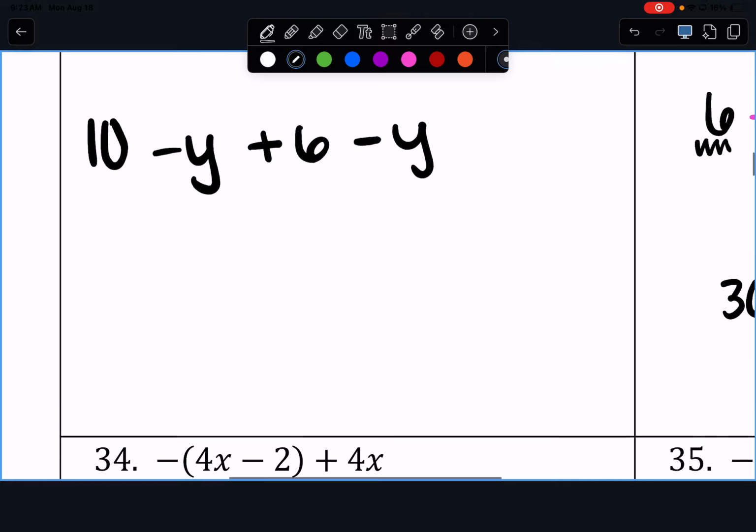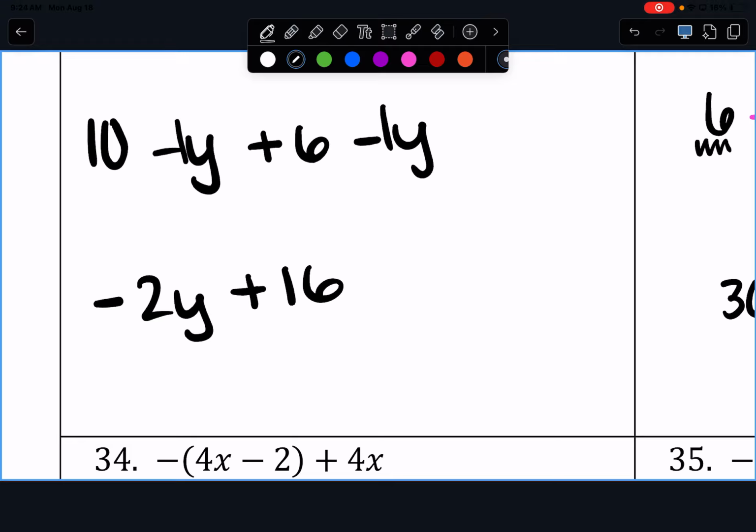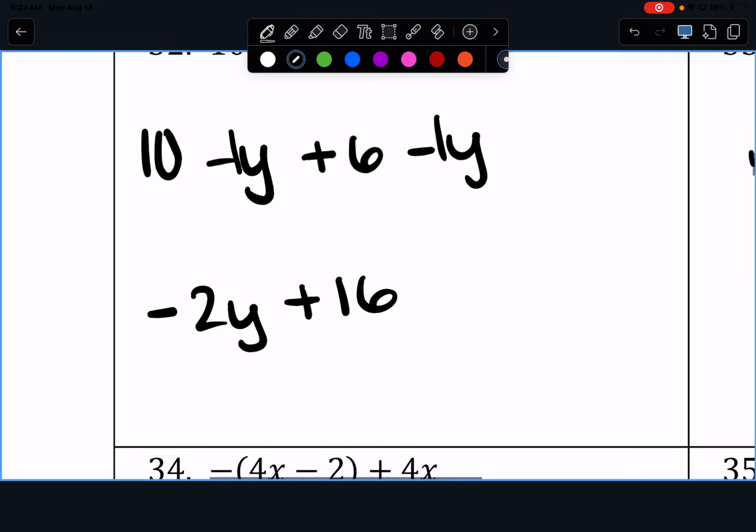And then combine like terms, what do we get? Not just 2y, but plus 16. Okay, so that is only when the negatives are side by side like that. If they have something separating them, then no.